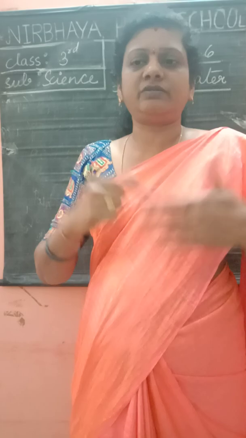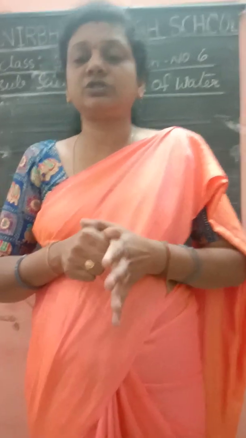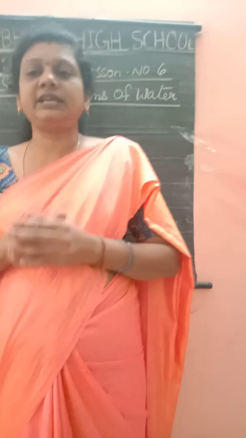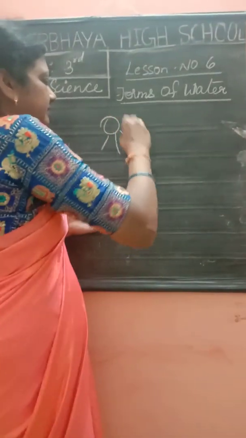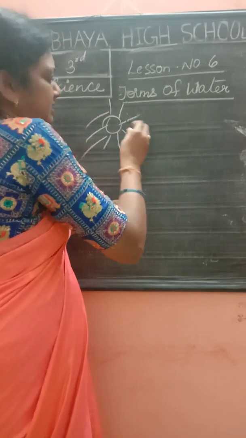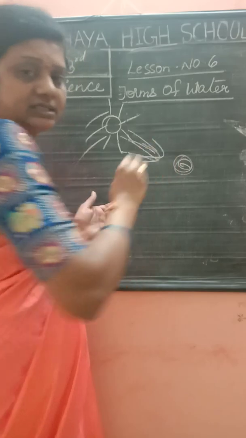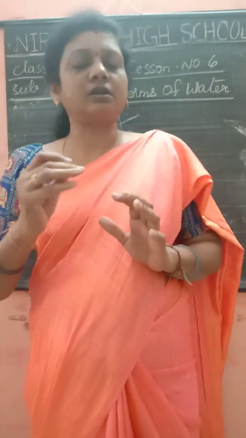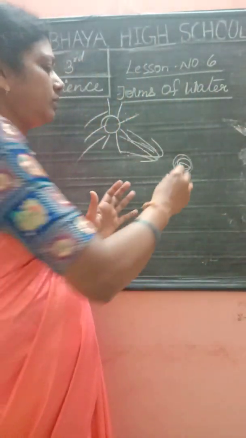The heat from the sunlight changes the water in the clothes into water vapor. It becomes water vapor.